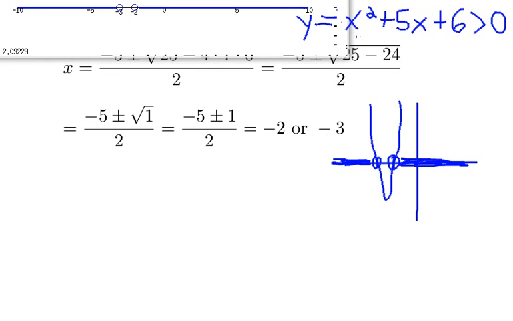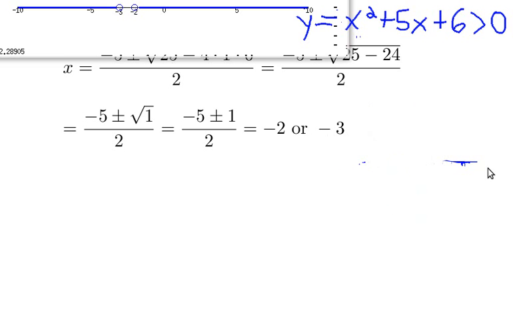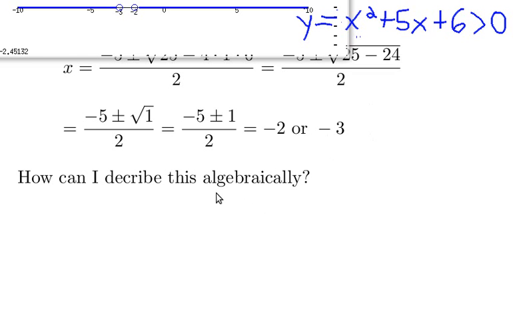Okay, so how can we describe this algebraically? Here, let me erase this. I always have to double check that I spelled algebraically correctly.